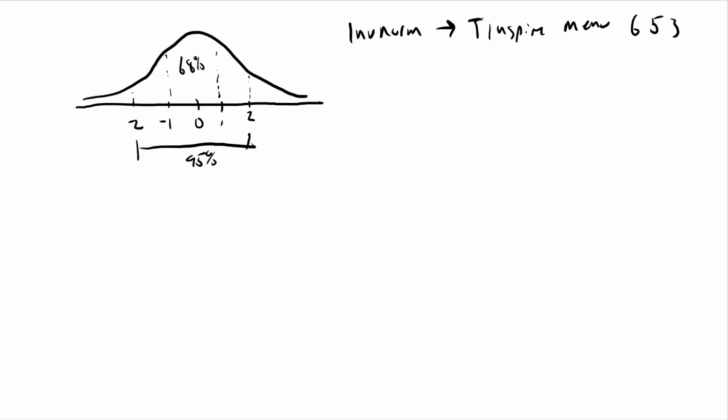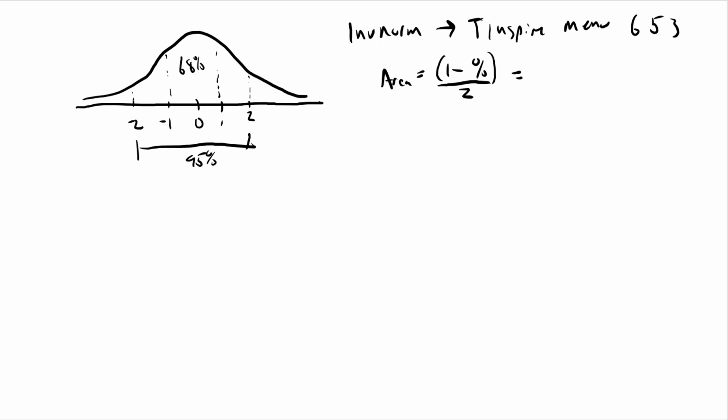So the only other trick you have to do when you're using that is you need to calculate the area, okay? To find your inverse norm, you're going to take 1 minus the percentage that you're looking at in decimal form and divide that by 2.